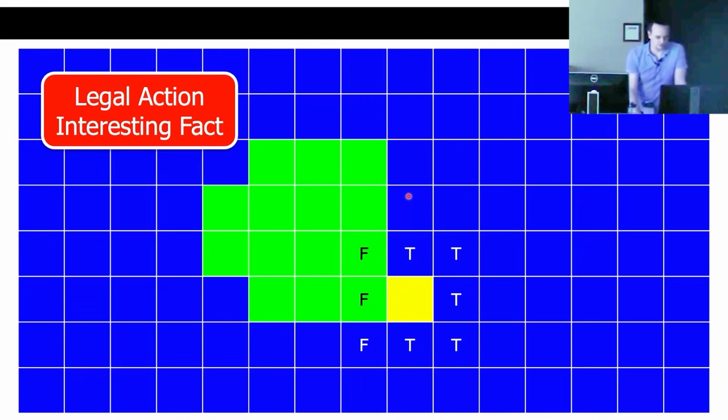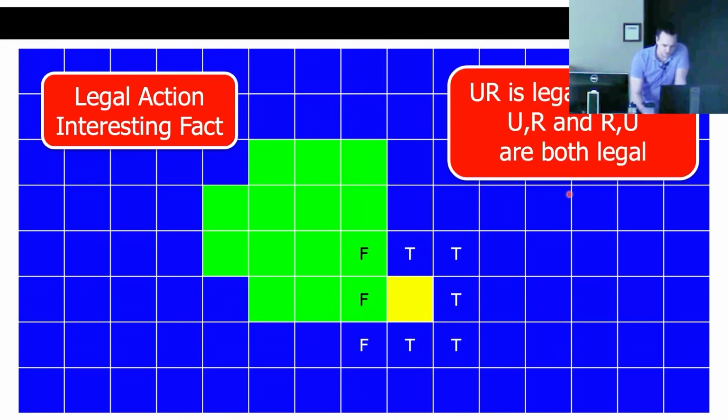You also can't move left, and you also can't move up left or down left. Perfect. It's kind of a hard thing to get out in words, but what we can see here is that up-right is legal because going up then right, as well as right then up, is legal, right?